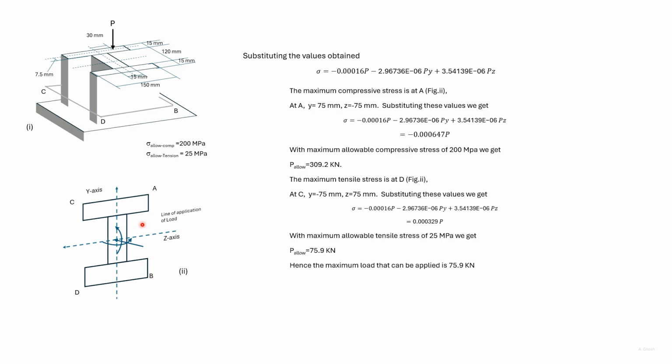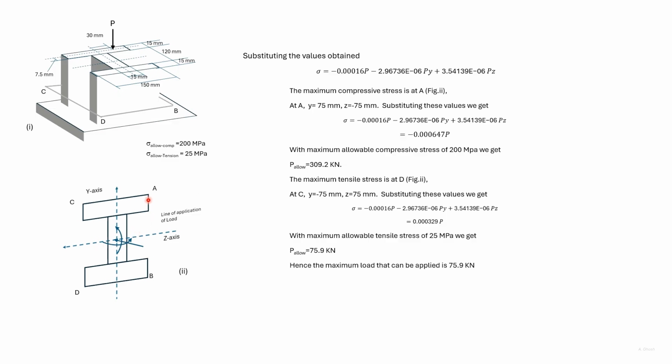By inspection, we can see that the stress in A will be the maximum compressive stress. Consider this moment about the z-axis. It will cause a compressive stress at A. And consider the moment about the y-axis.